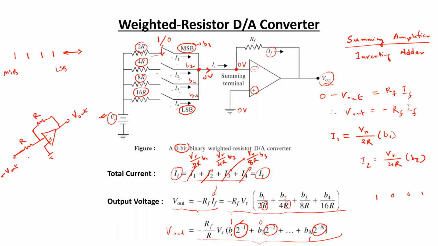Or you can also do the same task for the reference voltage. You invert the reference voltage first, then provide it to the rest of the circuit so that ultimately your output voltage is positive. So your assumption is absolutely right. In order to avoid that, you need to change the polarity.